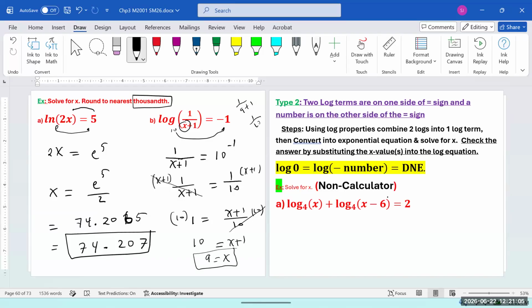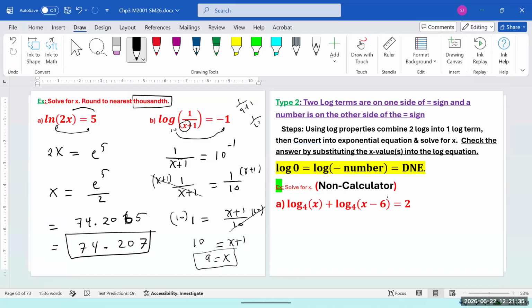Okay, the next one. We have multiple logs on one side and a number on the other side. In that case, we first have to convert all the expanded logs into a single log. Why? Because when you have a single log, we can convert that into exponential form.